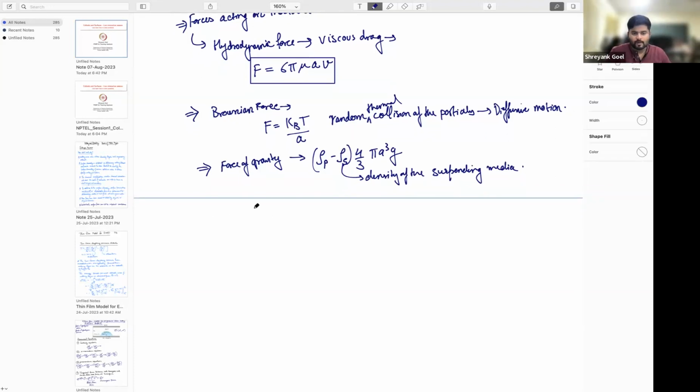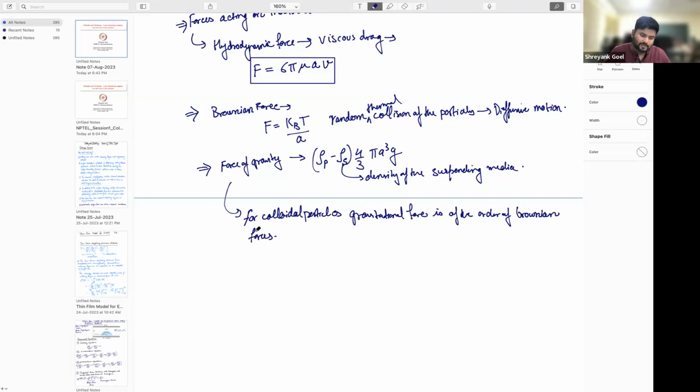For colloidal particles, the gravitational force is of the order of Brownian forces. That's why particles are suspended in the medium.